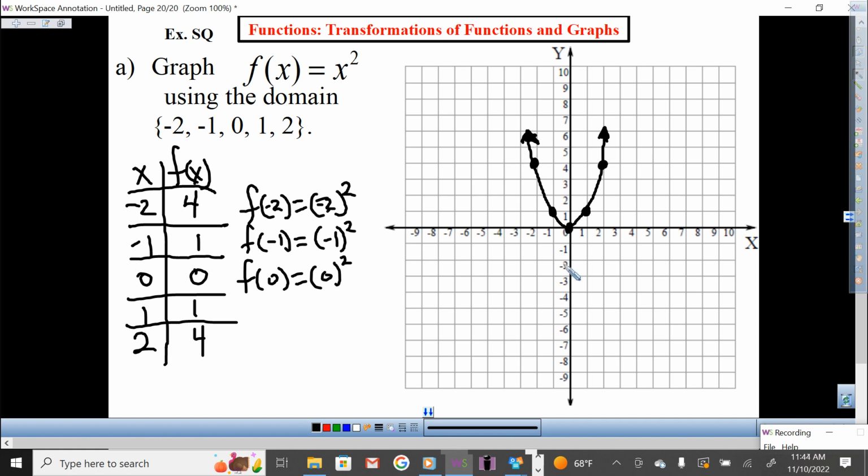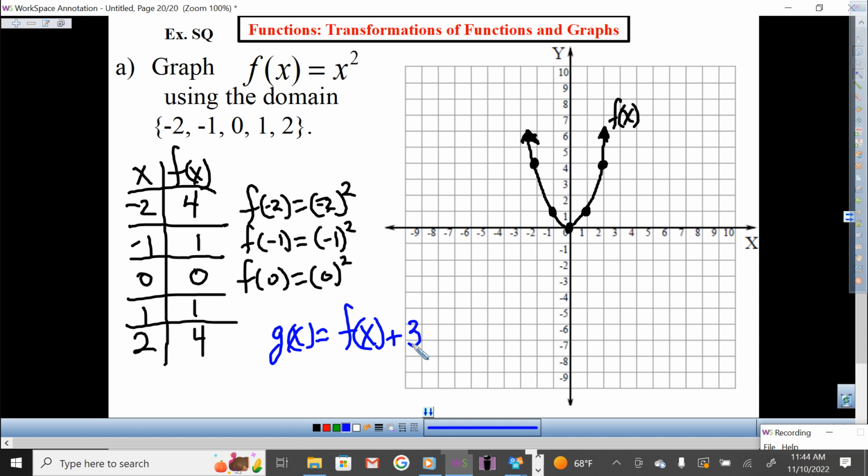All right, y'all ready? Here we go. I'm going to switch to blue. And I want you to transform this, oh, sorry, let me label this one. This is our f of x. Here we go. I want you to transform that one to g of x equals f of x plus 3.